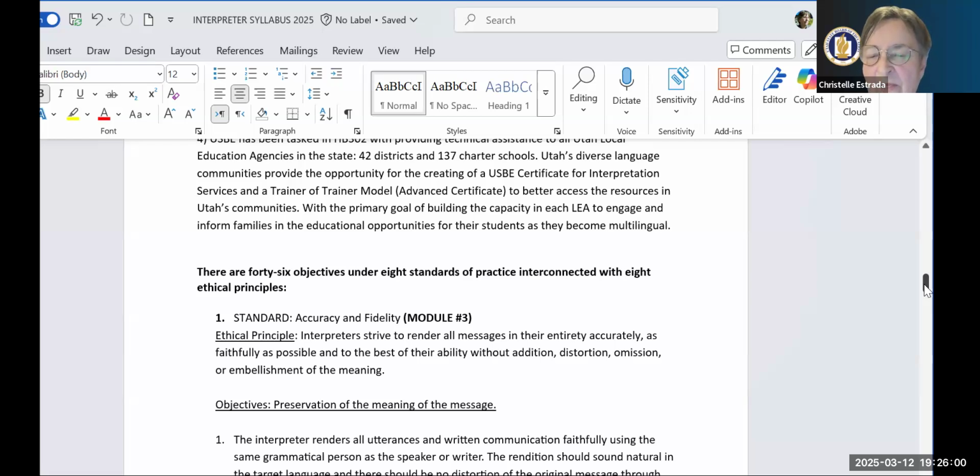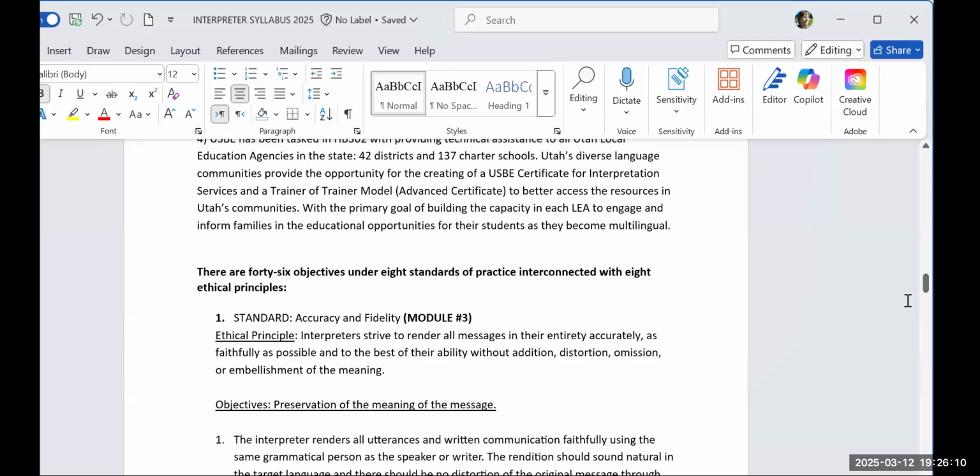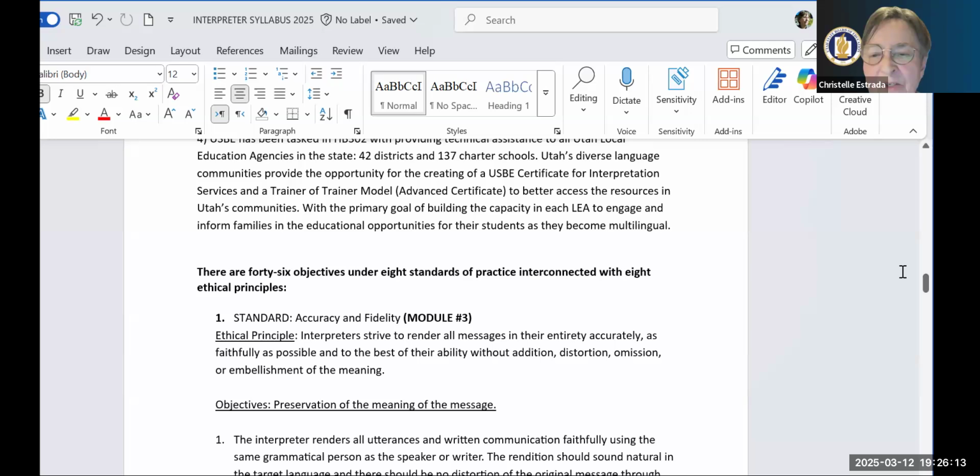One thing that might happen is that you're close to the family and you feel like, in the meeting, you're more of an advocate and explaining the experience of the family. That's not your role as an interpreter. Your role as an interpreter is to communicate accurately what is being said to the parent and what the parent is saying back. So let us get to the standards, and I think that'll actually help you.